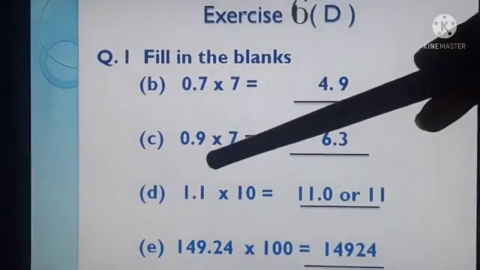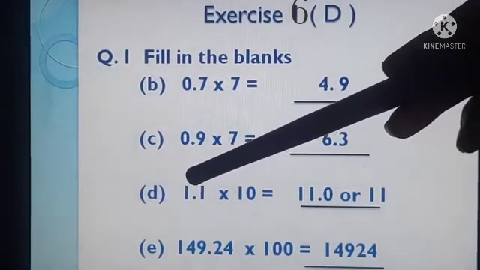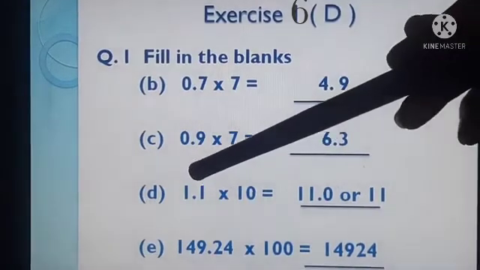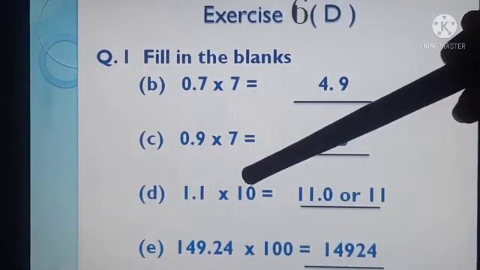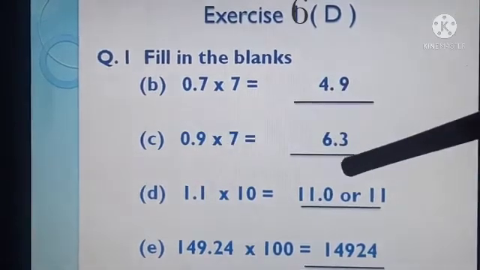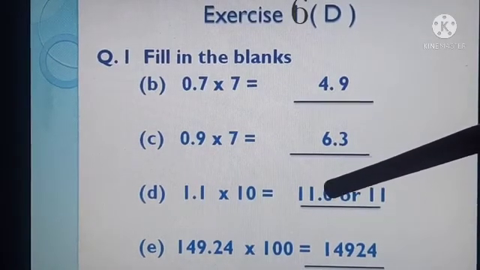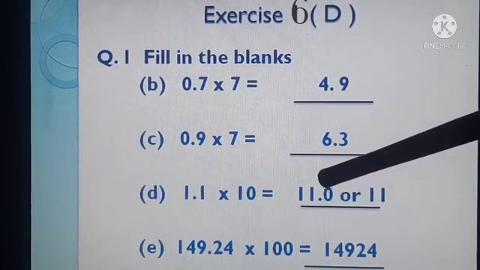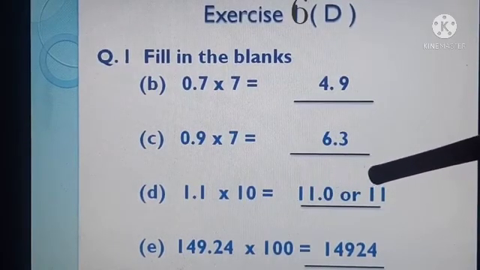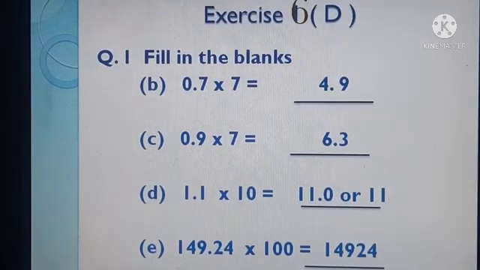Right? Next part is 1.1 multiplied by 10. 11 multiplied by 10, that is 110. After decimal there is 1 digit. So, in product also, after decimal we want 1 digit. So, it will become 11.0, or we can say simply 11.